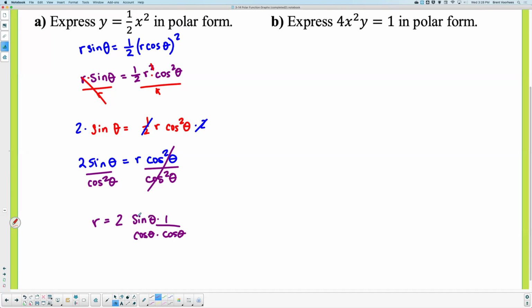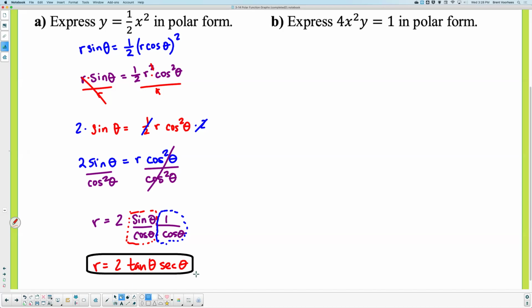If you remember, sine divided by cosine is tangent, so that becomes r equals 2 tangent theta. And 1 divided by cosine is secant. So it'd be 2 tangent theta secant theta. That should be my answer here.